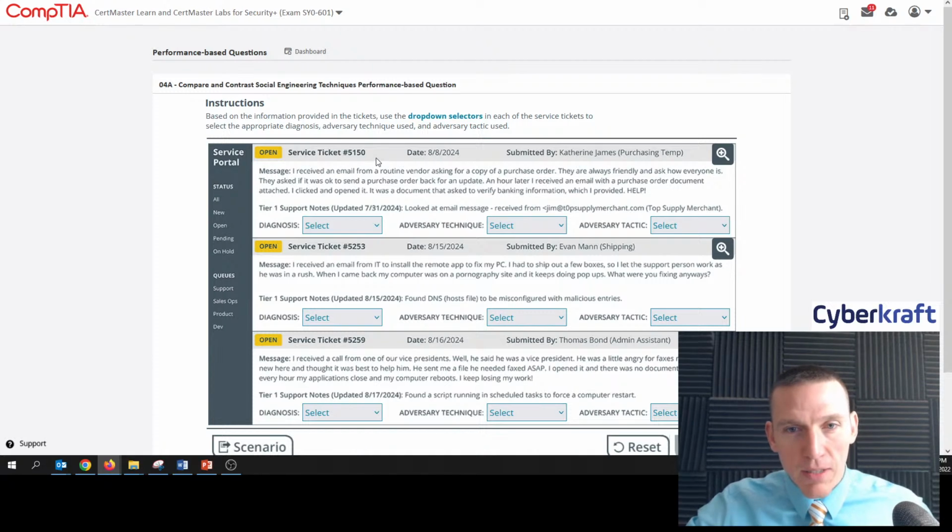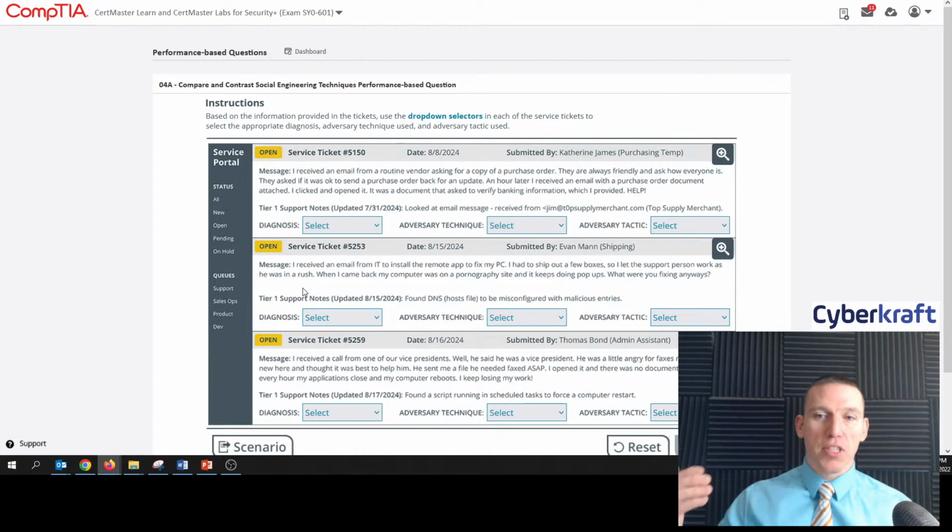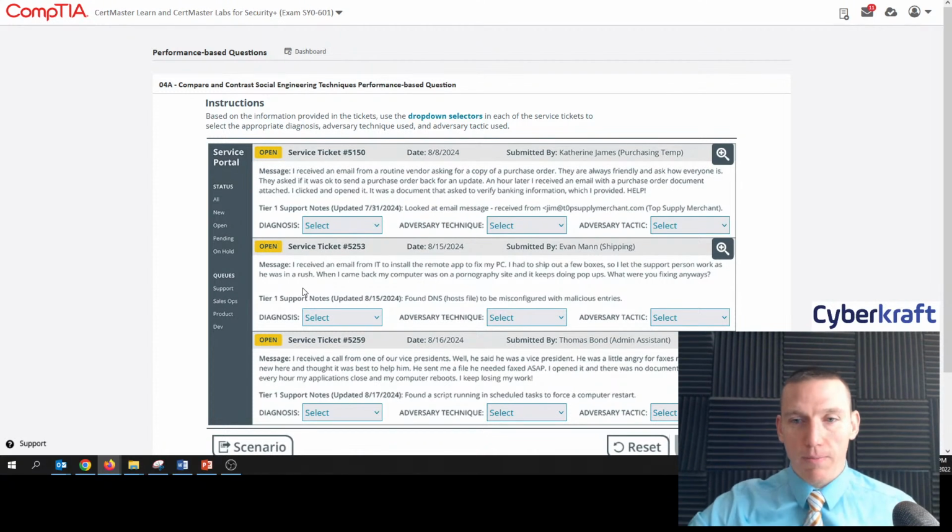So that means that we're getting these forwarded to us probably. And we have tier 1 support notes. I'm not reading the messages yet, just looking at what we're given. So if we have tier 1 support notes, that means we're a higher tier on the tech support. So we're probably like tier 2 tech support, especially since these are out of order. These are just clues you can gather from the context clues here, and the dates are very different.